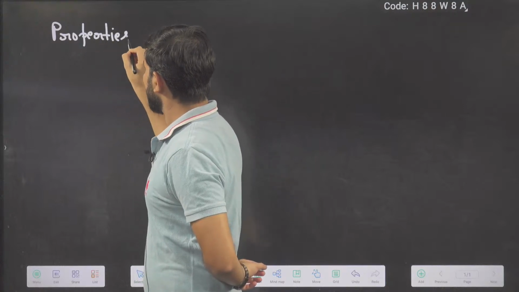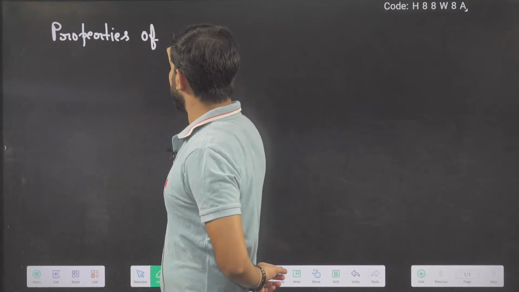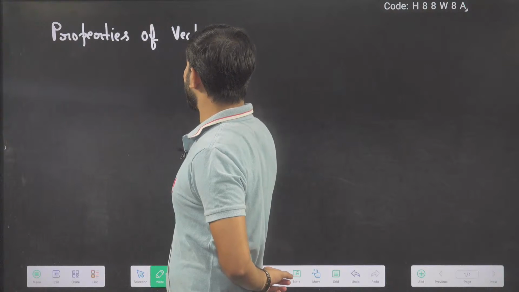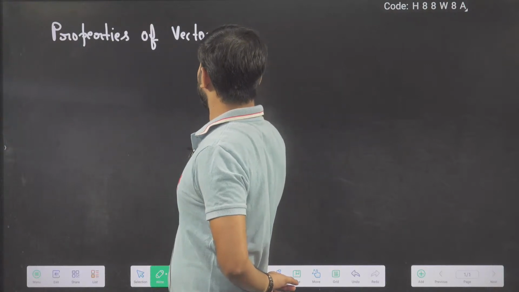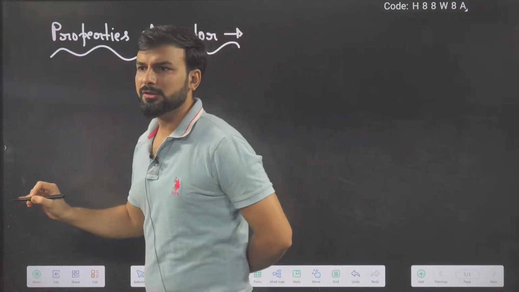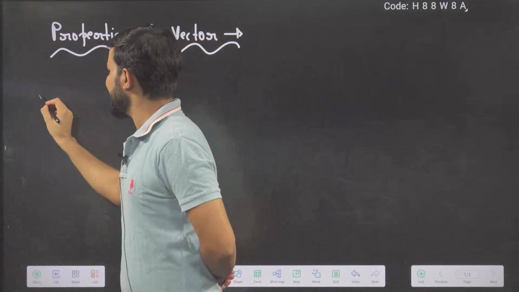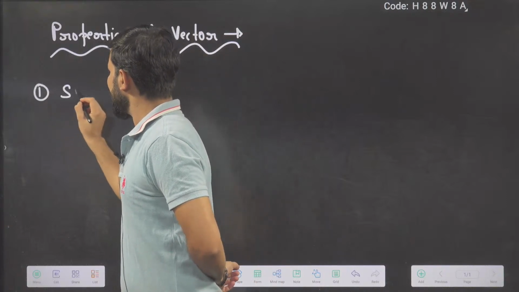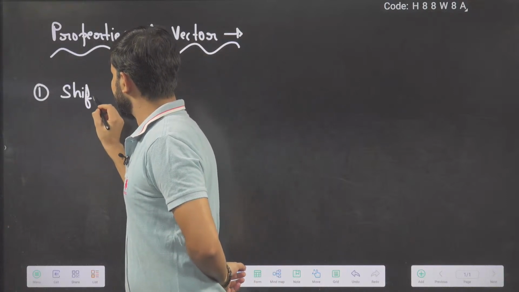Properties of vector. Can anybody tell me what is the property? I hope you don't know. It's better I just tell. So the very first property you have is the shifting of vector.